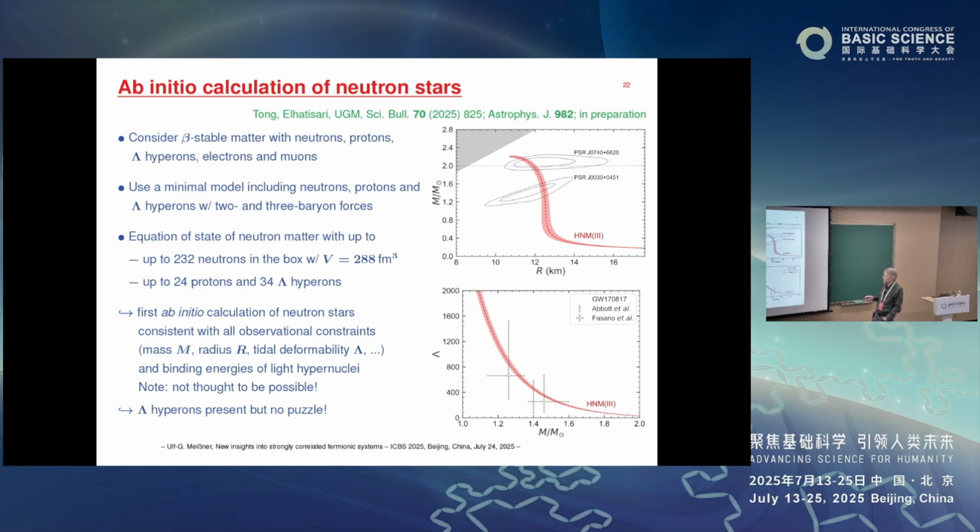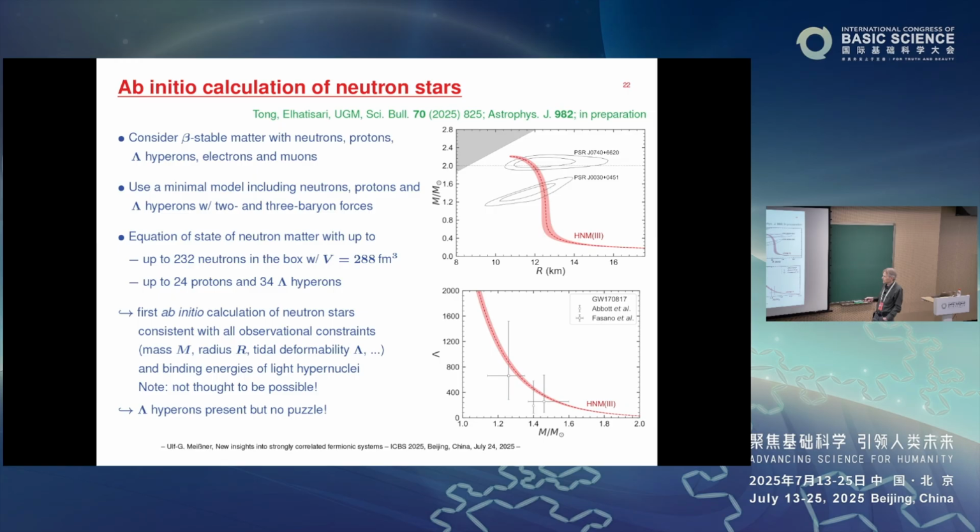And we use the so-called minimal model, so not the full N3LO calculation, but the minimal model which describes well nuclear matter, neutron matter, and also hypernuclei with 2- and 3-body forces. And so the equation of state was calculated really ab initio with up to 232 neutrons in a box of that volume, 288 Fermi cubed.